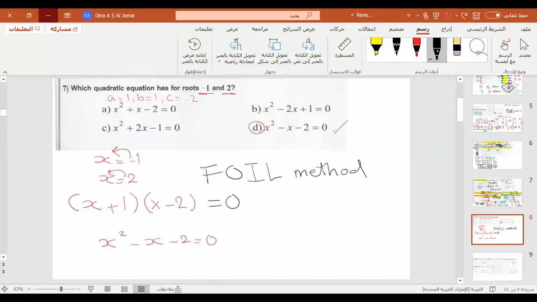You will be having roots of 1 and minus 2. So you will be cancelling A. Then let's go to this. Your A is equal to 1. Your B is equal to 2. Your C is equal to minus 1. So this is another method that you can use during the exam for the multiple choice.